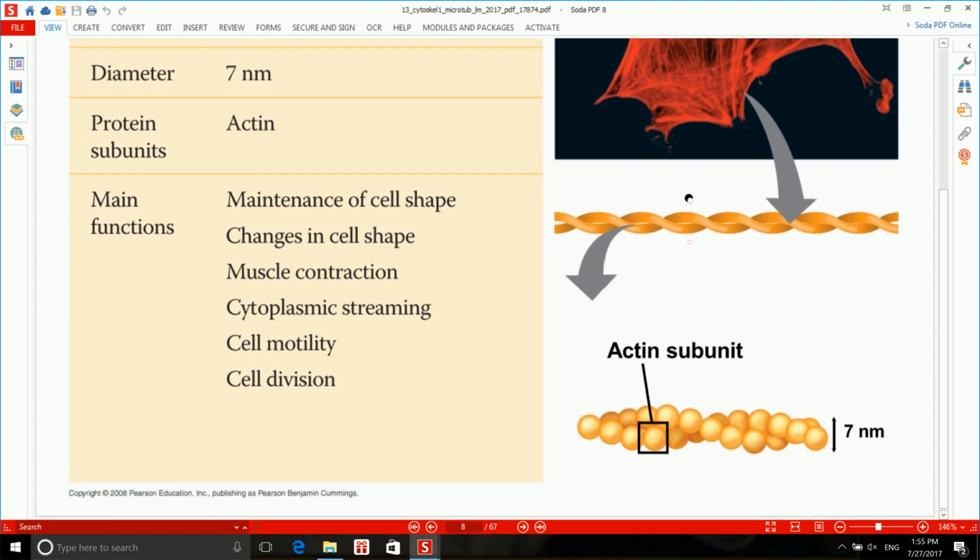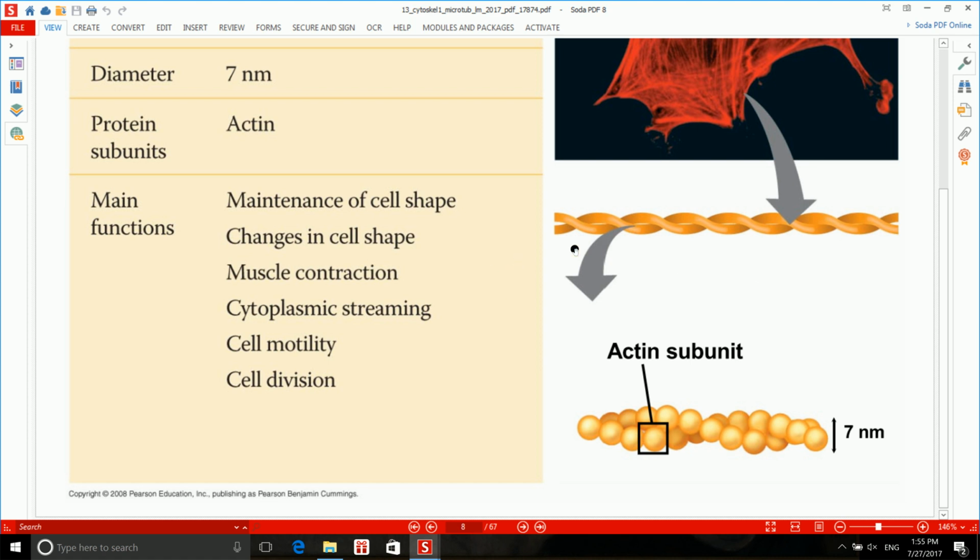Their subunits are actin, and their main function, well, maintenance of cell shape again, and the other very important function is in muscle contraction. Especially when you're studying histology, you're going to study muscle contraction in detail and the role that actin filaments play.